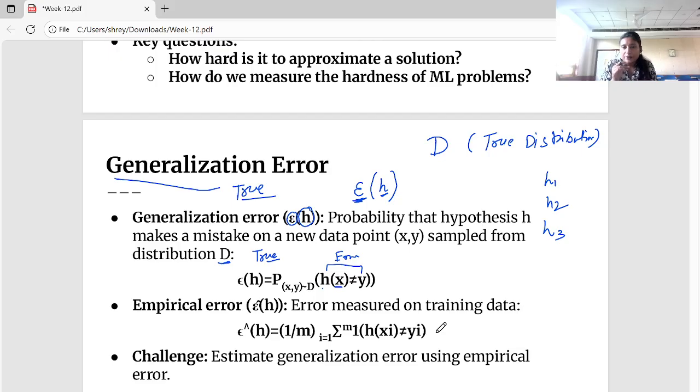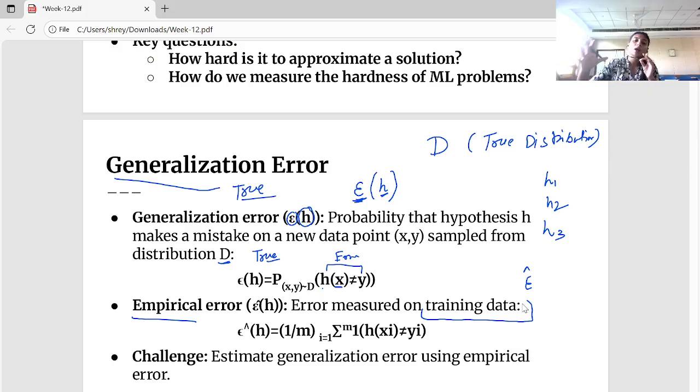So if we cannot calculate this, let's go towards the approximate error. The approximate error is the empirical error, which is why it is defined with a cap. This is your generalization error, and I define it with a cap, which is called empirical error. The empirical error is the error measured on training data. That's why training data is very important, right? Because we don't have the whole data from all over the world.